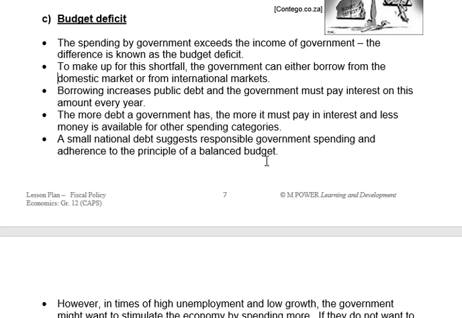So the government must either borrow the money from domestic sources or they can borrow from international markets. Obviously, I said they can borrow money domestically from our normal banks, any bank. The government can get a loan from any bank, or international markets like the IMF, like the World Bank, from banks from other countries, wherever, other countries that is willing to lend their money.